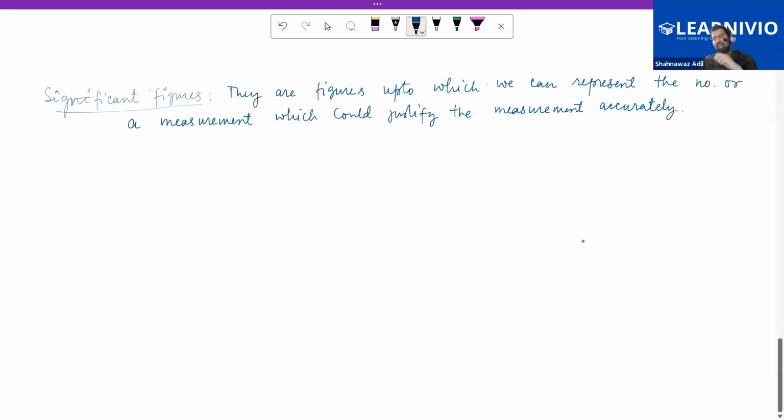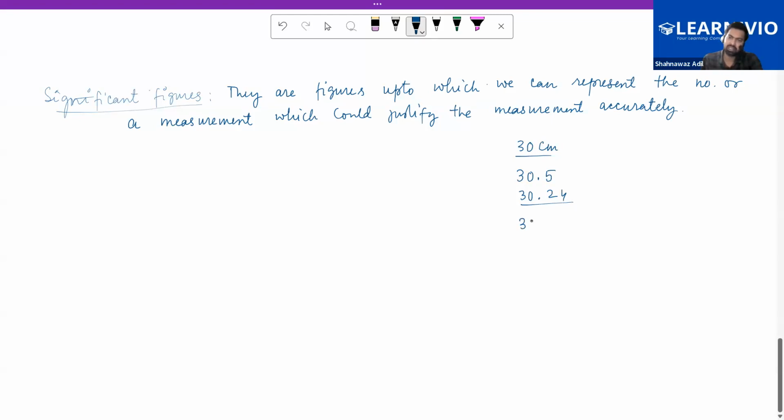Let's say I'm measuring the height of the bottle, which should be a few centimeters, right? Let's say the height of the bottle is 30 centimeters. So I can write 30.5 or let's say 30.24. This should be enough, right?